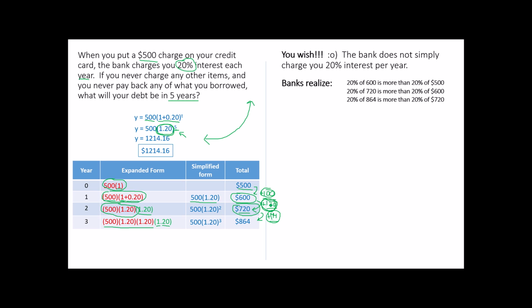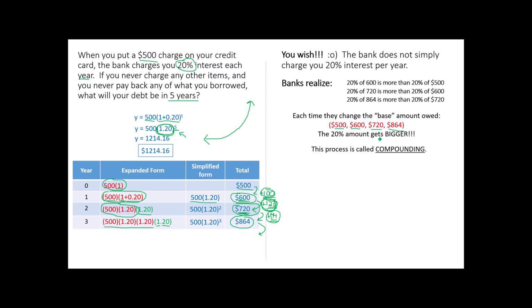And they realized that if we were to calculate 20% of 864 to get the next year, that's going to be bigger. They realized that the money they're earning grows faster every time this number right here gets bigger. So it's to their advantage to take that base amount and grow it as quickly as they can.